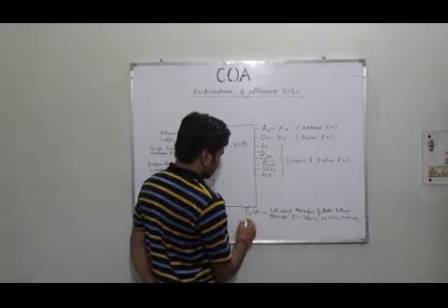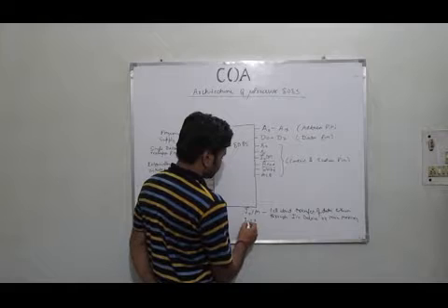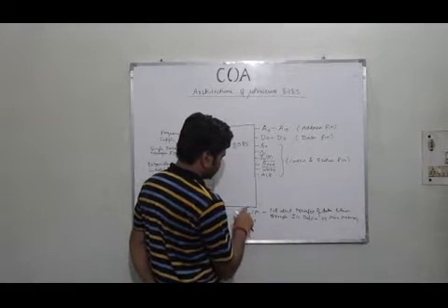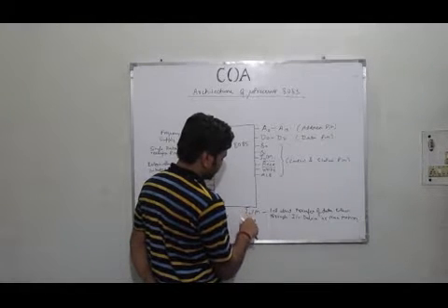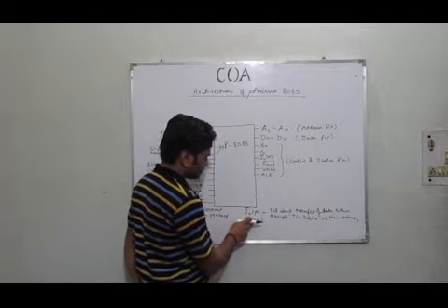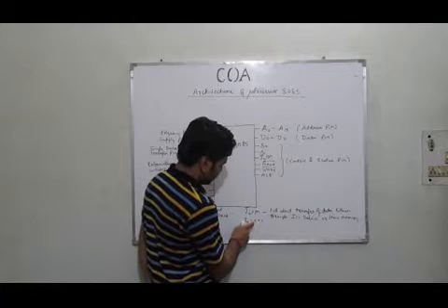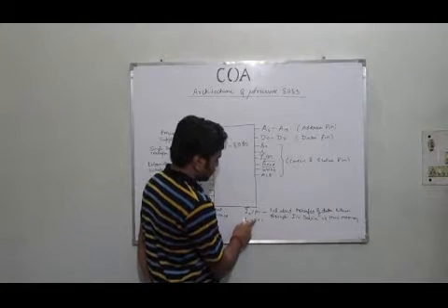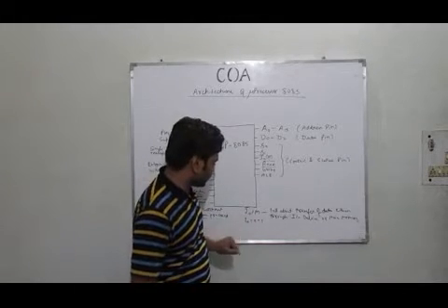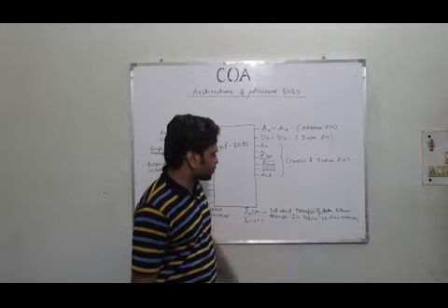When IO bar is 0, the inverter over the IO makes it 1. It means that when IO has zero voltage applied over it, at that time the input output device is able to transfer the data.